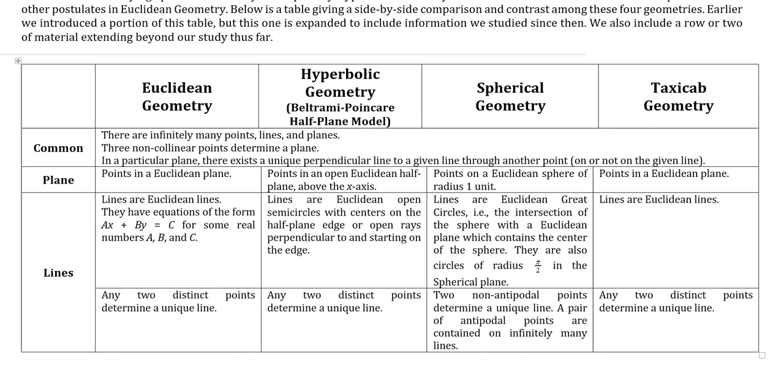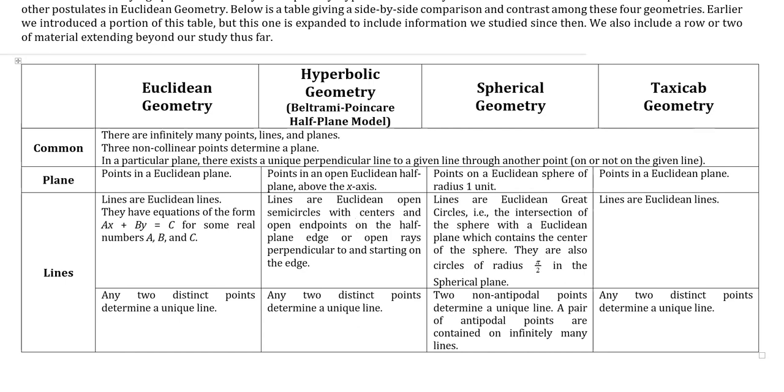By that I mean a semicircle without the endpoints, where the centers are on the half-plane edge, and the open endpoints are on the half-plane edge, or there's another type that's an open ray perpendicular to and starting on the edge. But of course, all those are things with positive y-coordinates.